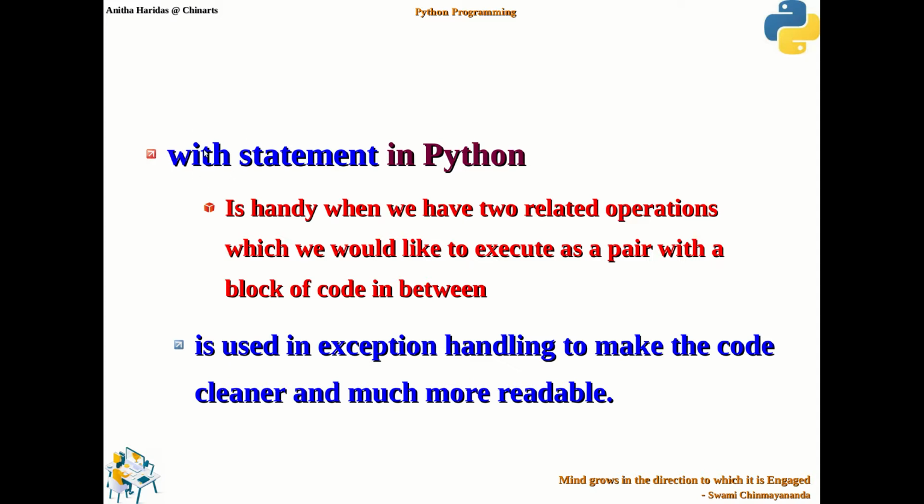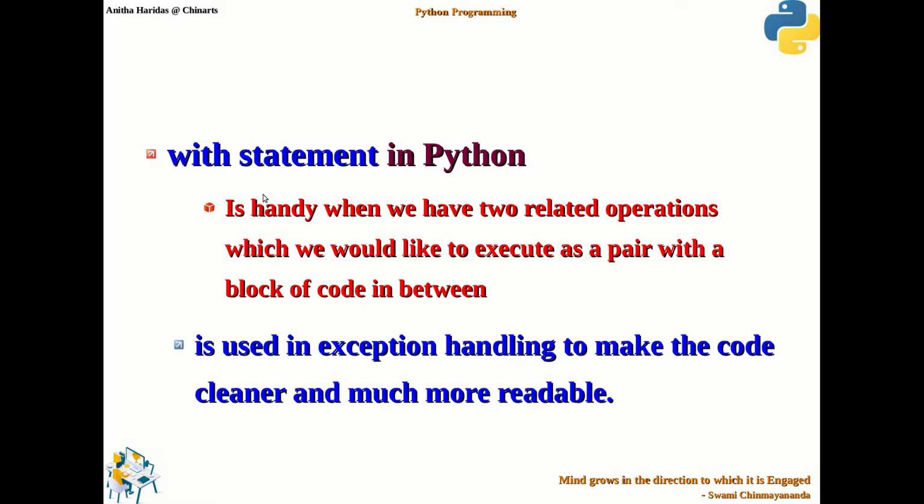The with statement in Python is very handy when we have two related operations which we would like to execute as a pair with a block of code in between. In those cases, we can use the with statement, and not only that, it can also be used in exception handling to make the code much more readable and cleaner. We'll see an example, then it will be more clear what this particular statement means.